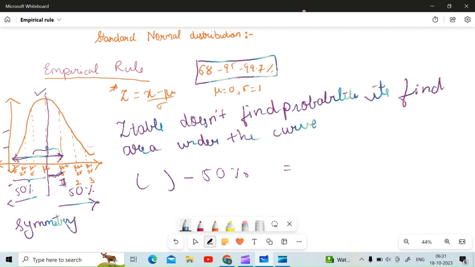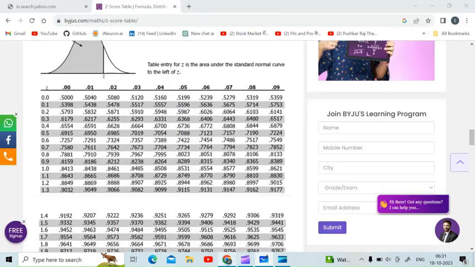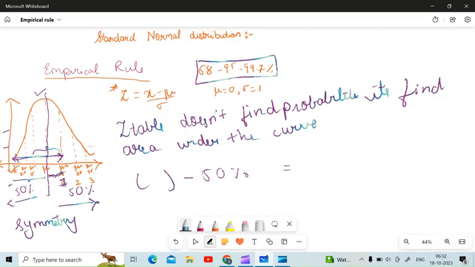It will be around 1.0 for the Z score in the Z table, right? So 1.0 corresponds to 0.8413. I'll write it over here, 0.8413. That will be my area.